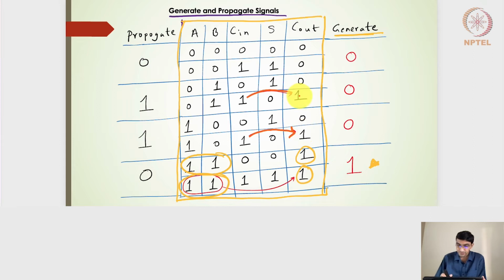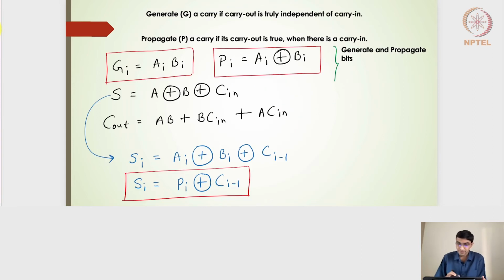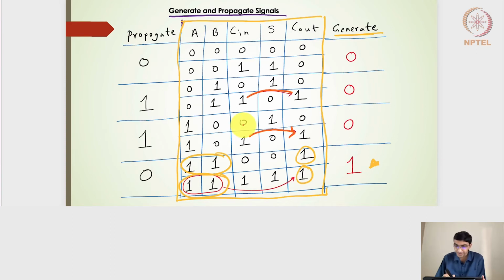So looking at the proper definition, the propagate P carries if its carry out is true when there is a carry input. So the carry output is 1 only when there is a carry input. In this other case, it does generate a 1, but this 1 is generated by A and B, and not by the carry input, because here the carry input is 0 and it is still generating 1.